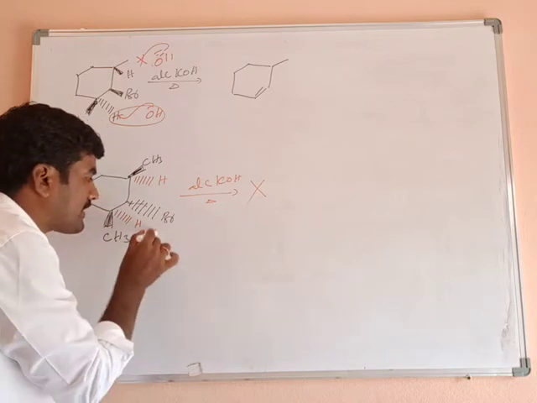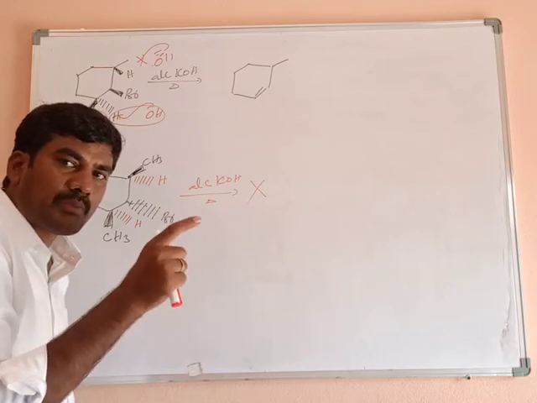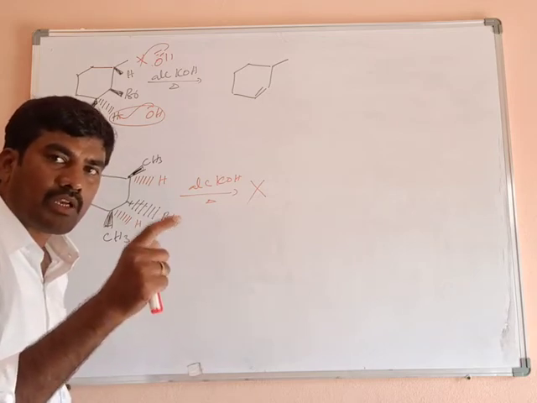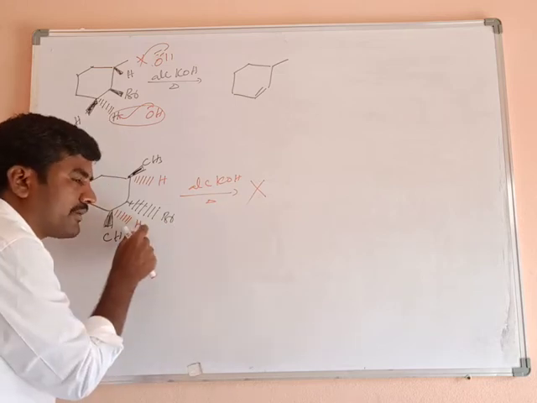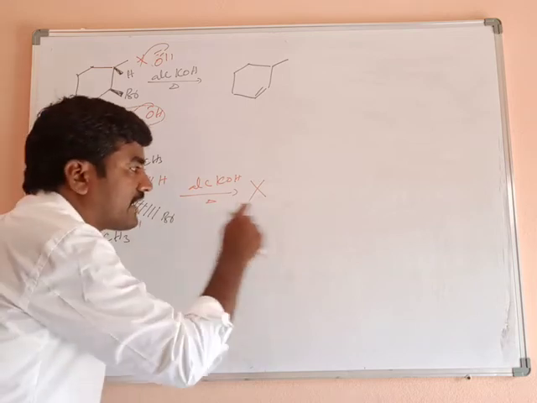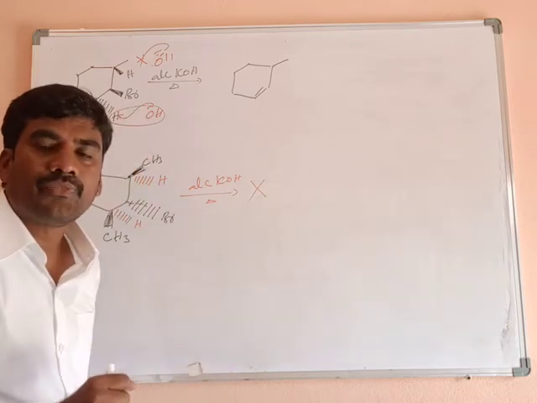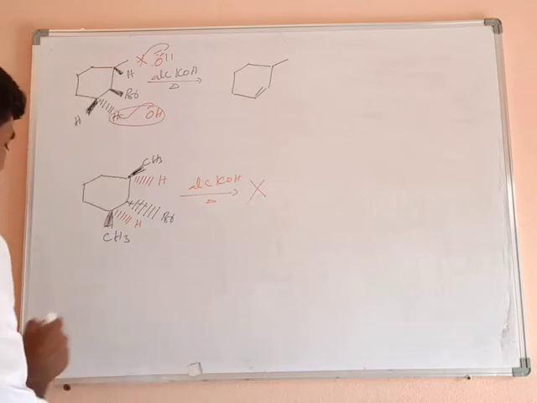When the base approaches here, they repel each other. Base and halogen atom both repel because of the electron cloud. Due to electronic repulsion, the base is unable to approach this hydrogen atom. Then what happened? This reaction is not carried out. Understand?